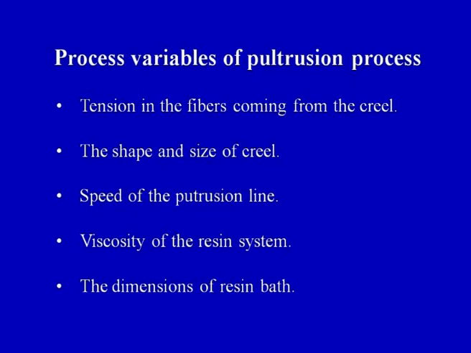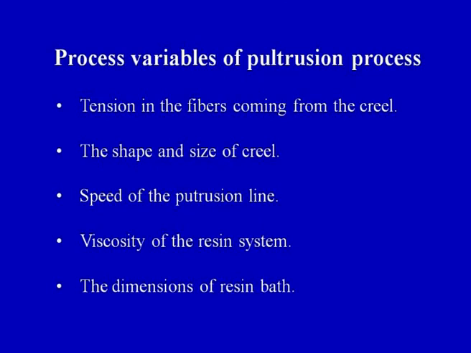The viscosity of the resin system. There should be optimal viscosity of the resin system. The fibers have to get wet inside the resin bath. So the viscosity should be optimal, so that all the fibers that are entering into the resin bath should get wet. There should not be even a single fiber which is not wetted during the flow of the fibers through the resin bath.